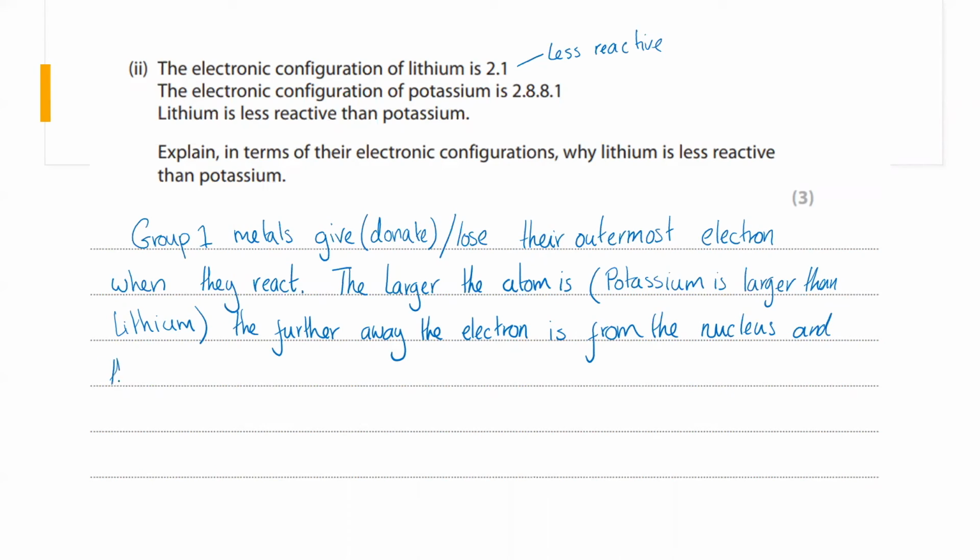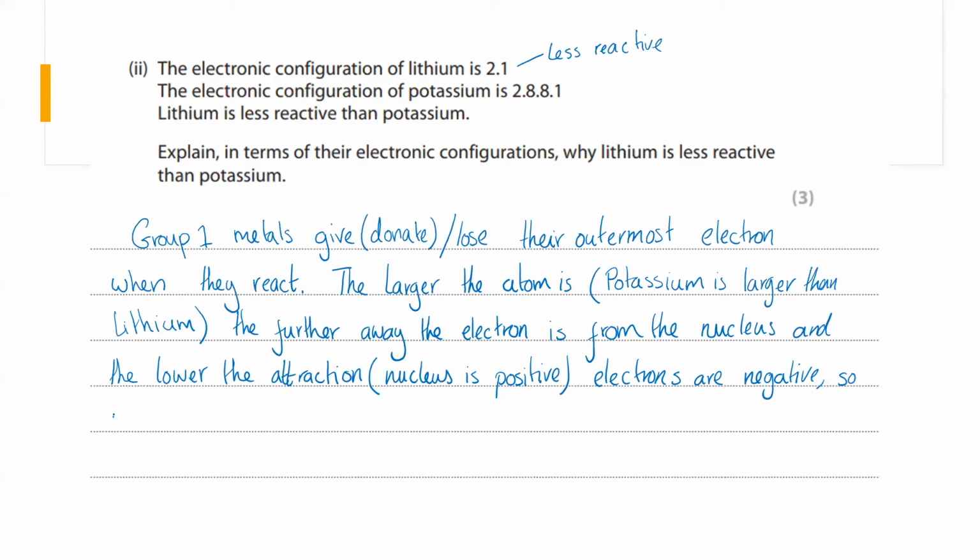And the lower the attraction, because remember the nucleus is positive and the electron is negative. So the electron, in brackets, is lost more easily.